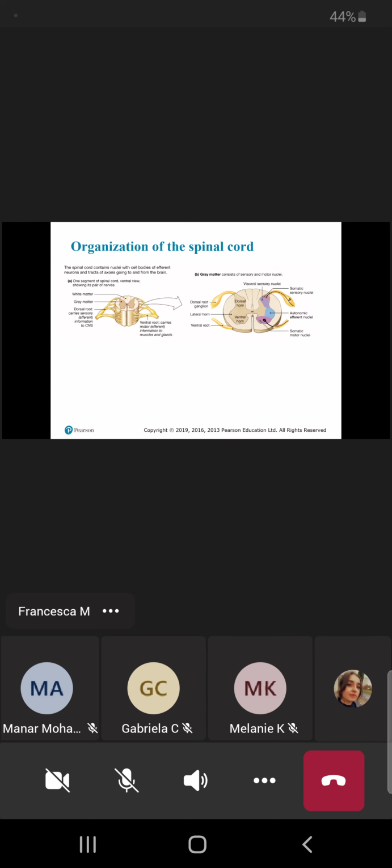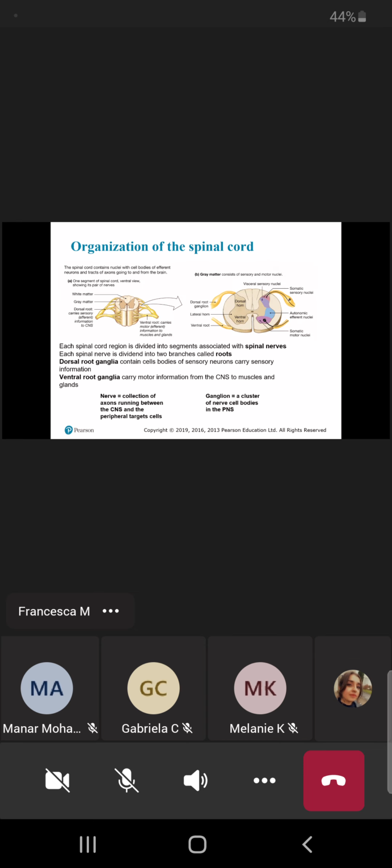If we look at the organization in more detail, the spinal cord is divided into gray and white matter. As we said, the gray matter is composed of cell bodies, the nuclei that lie in the internal portion of the spinal cord, and it is surrounded by white matter, so by myelinated axons.